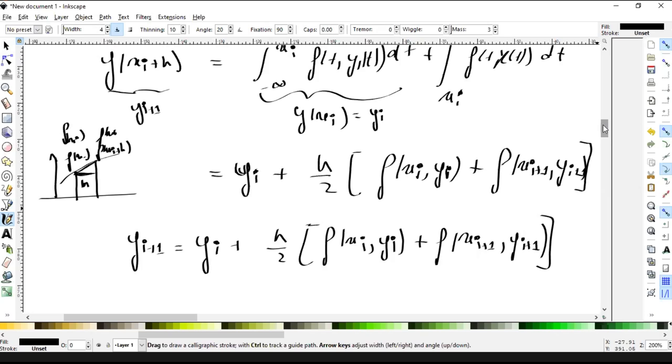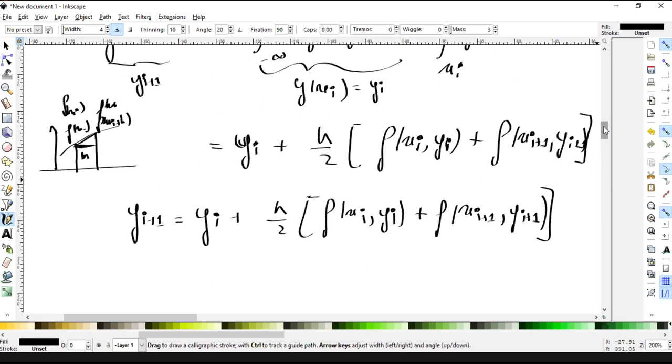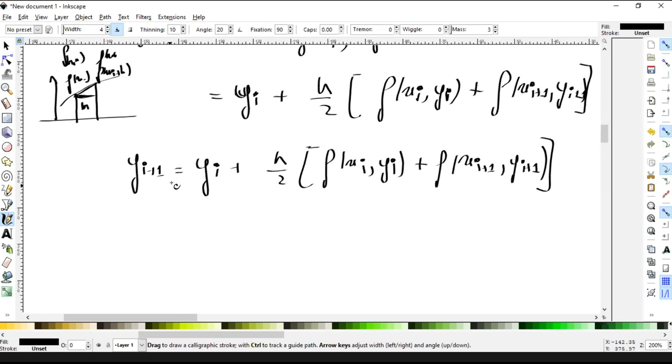So is this an implicit or an explicit method? As you can see, this is an implicit method, because here we have f of xi plus 1, yi plus 1.